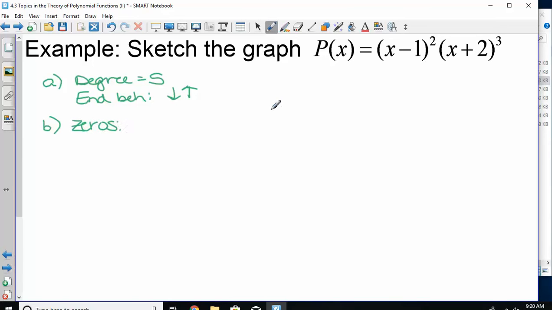Zeros. What makes x minus 1 equal 0? Positive 1. Since it was squared, that is multiplicity 2. What makes x plus 2 0? Good.